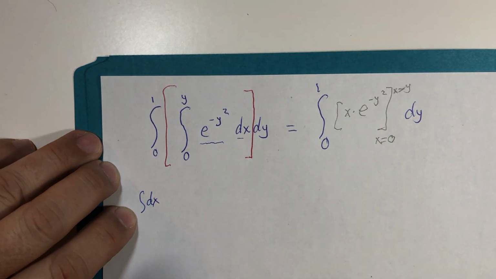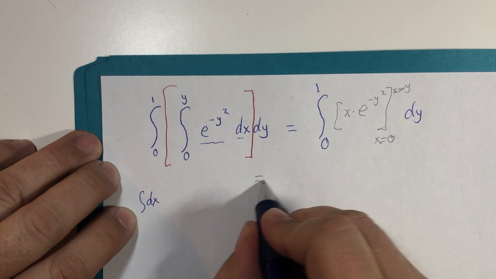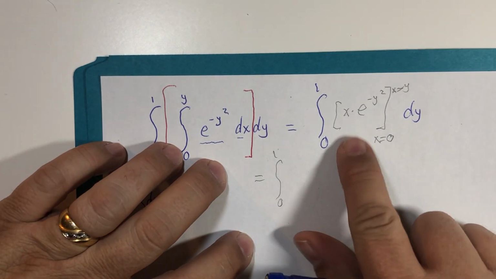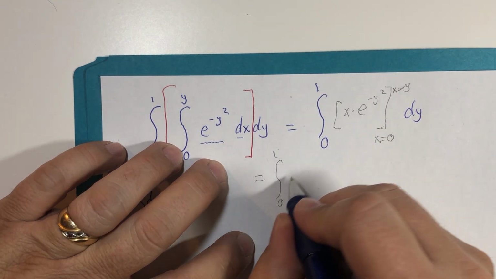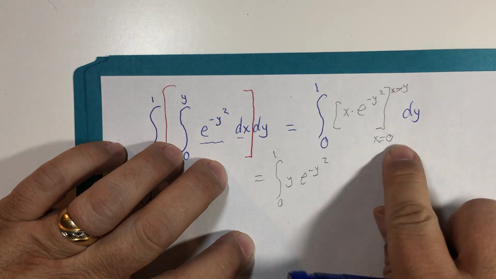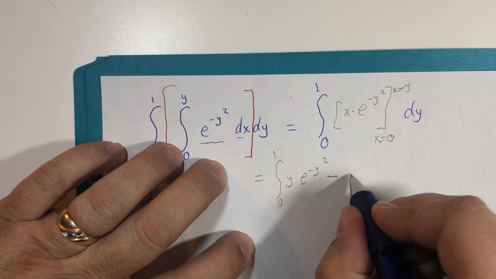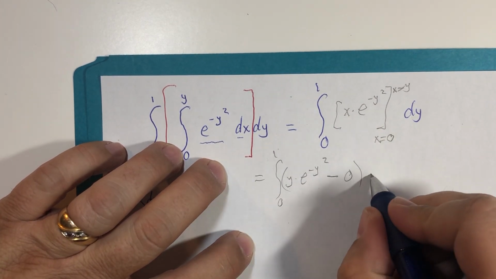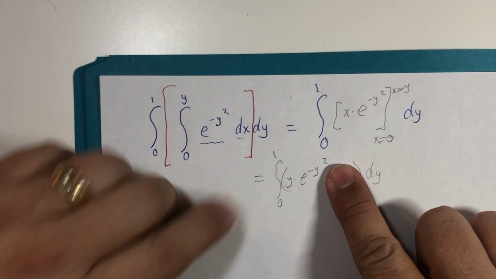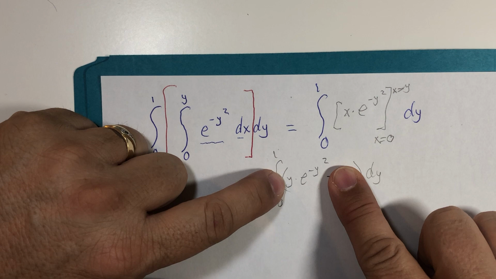And by the fundamental theorem of calculus, if x equals y, I'll substitute it in here, e to the negative y squared, and if x equals 0, I'm going to get 0. So now we basically just have to integrate this expression.